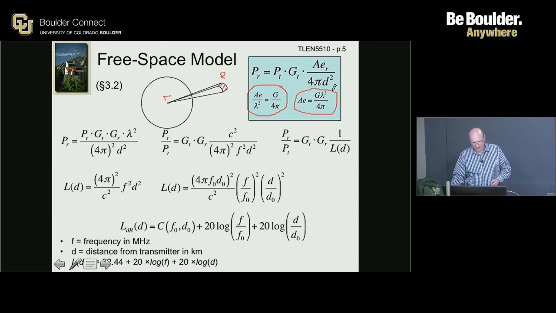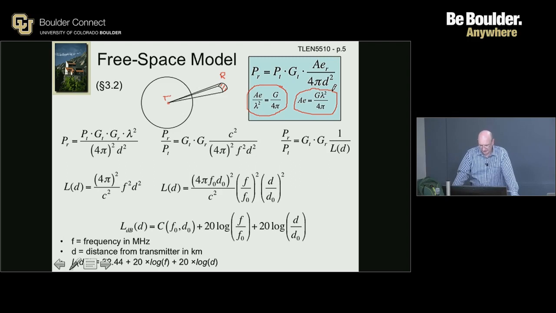And that definition comes from the fact that an area relates to lambda squared as the gain of the antenna relates to a 4 pi solid angle. Have you heard of solid angles? It's an angle in space. Instead of a 2 pi total of the circle, you have a 4 pi solid angle total in the omnidirectional view. So that's why it's defined that this effective area is the gain times lambda squared over 4 pi.